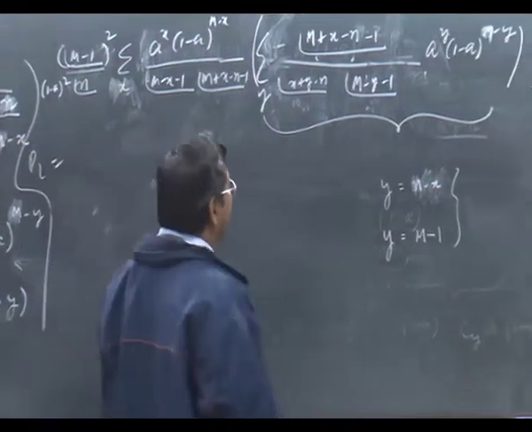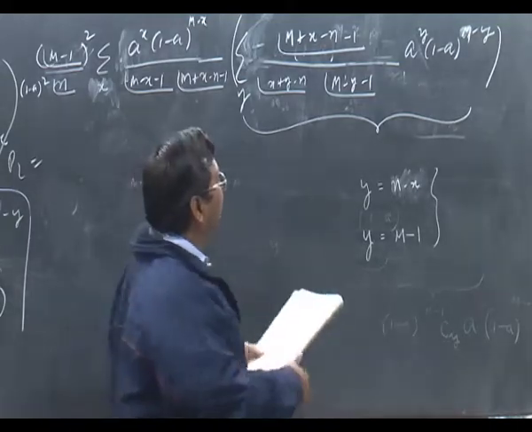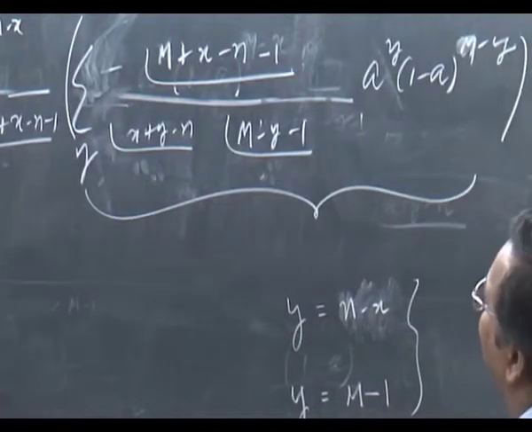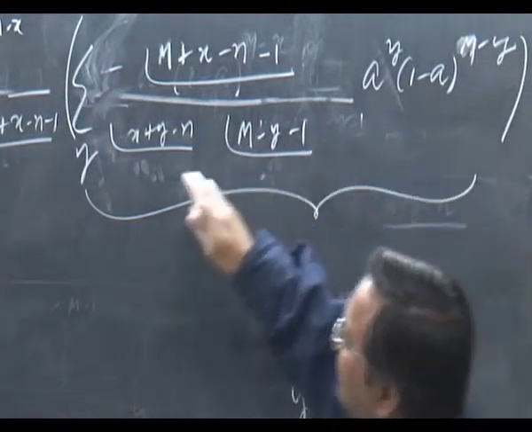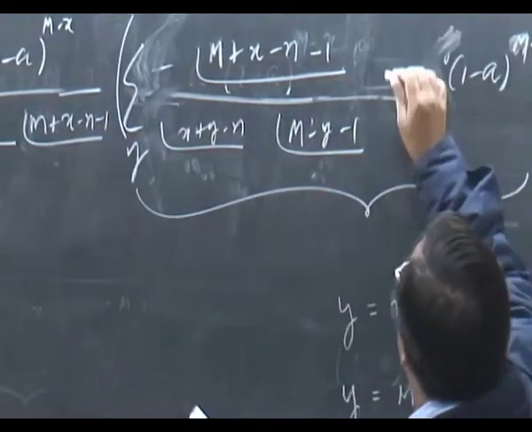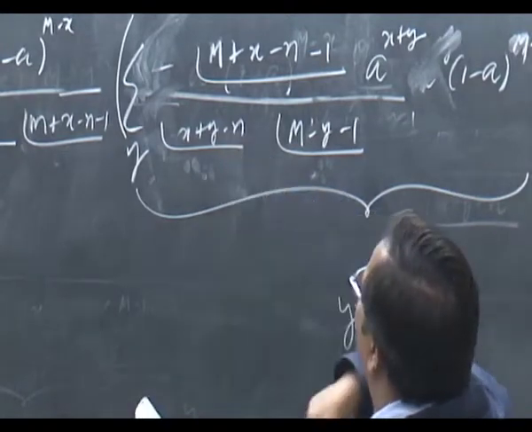Because the moment I take this summation, this is nothing but a binomial now, I can convert it into a binomial. I have to put something, this a raised power y is there, x I can take inside now. I can call it a x plus y. There is minus n here.